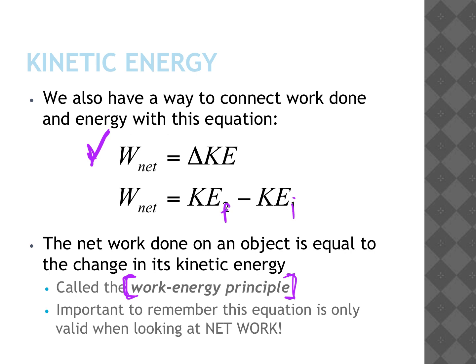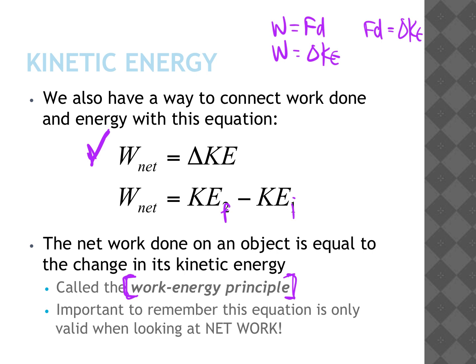So now we've got two different ways that we can solve for work. If they're both equal to work, what can we do to them? You can set them equal to each other, right? If we know that work is equal to force times displacement and work is equal to change in kinetic energy, there might be situations where we do this: force times displacement equals change in kinetic energy.